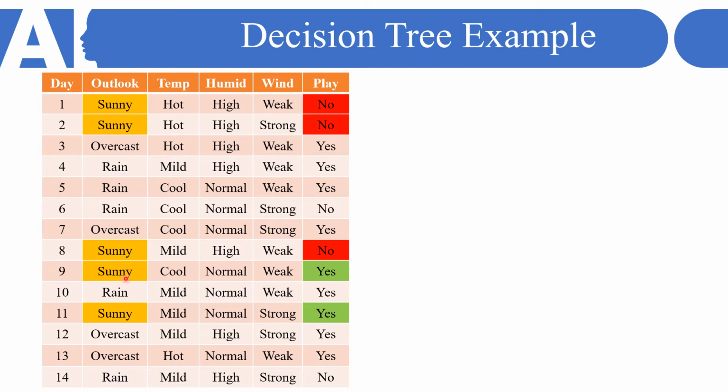In this case it is sunny, the temperature is cool, the humidity is normal, and the wind is weak, then we can play tennis. Similarly, if the day is sunny, with mild temperature, normal humidity and strong wind, then also this is yes.